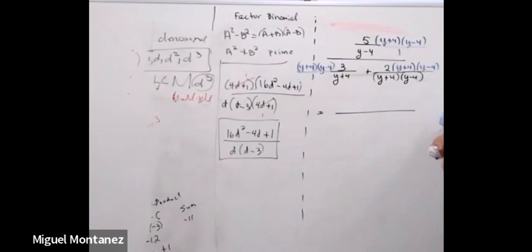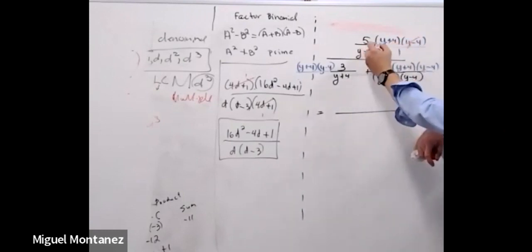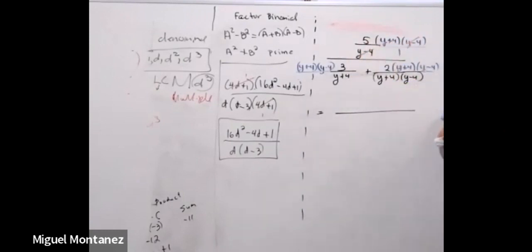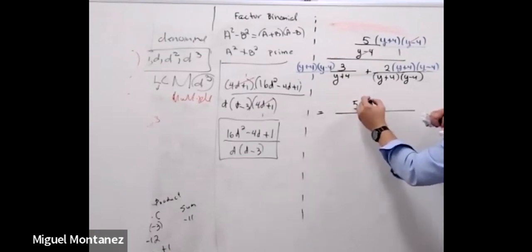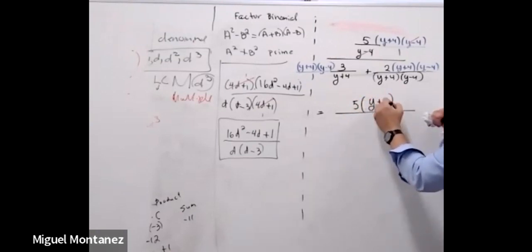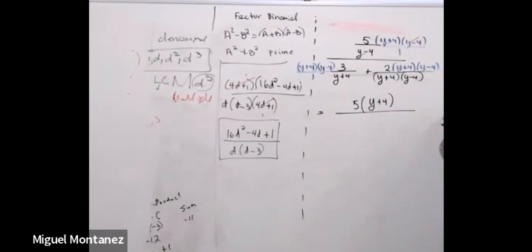So let's see what we have in my numerator. Y minus 4 over y minus 4 equals 1. So my new numerator, I'm not going to distribute yet, will be 5 times y plus 4. My complex denominator, what do I have? Y plus 4 over y plus 4 equals 1.